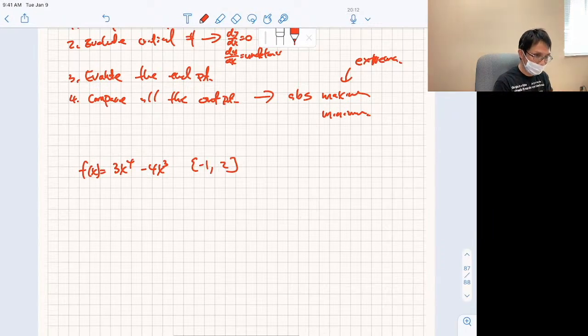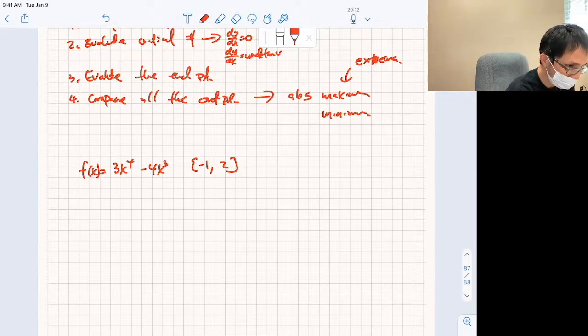What's step 3 say? Evaluate the endpoints. Sorry, my handwriting gets very sketchy when I drink too much coffee. Compare all these outputs.